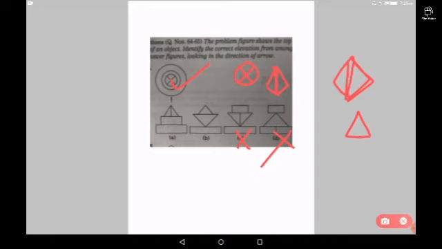In the problem figure there is no cut in this quadrant, so there will be no cut, so we can exclude option A and we'll go with option B. So the answer will be option B. Hope you are clear about that.